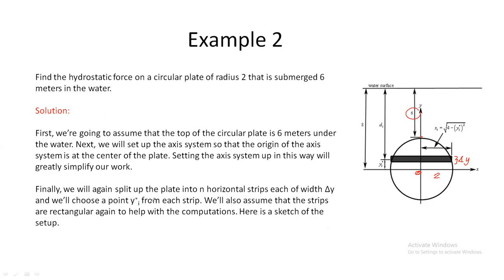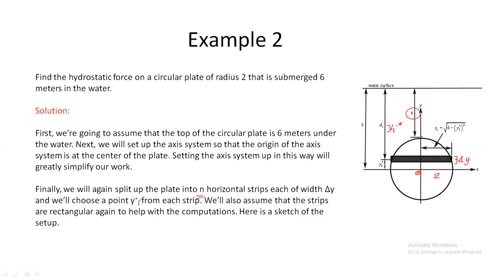It says here, split up the plate into n horizontal strips each of width delta y, and choose a point y sub I asterisk. It's the same as the one we have. So the distance from the water surface to this strip is y sub I asterisk.